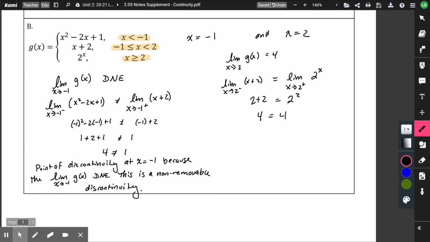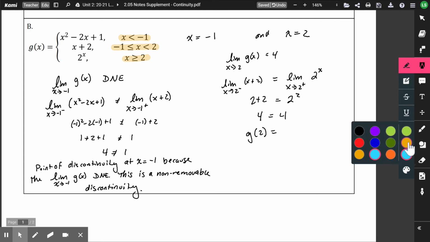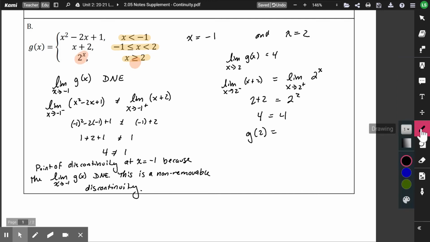Our second condition is to ensure that we also have a point or a value when we are at x equals 2. So if we try to evaluate what g of 2 is going to be, we're going to take a look back at our function and see that we do have an equal sign for when we have 2, and we're going to use the 2 to the x function to evaluate that. So that is going to be 2 squared, which is equal to 4.